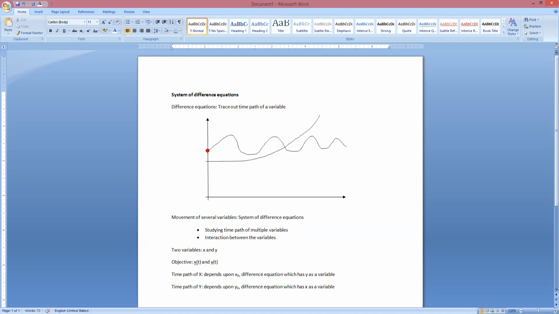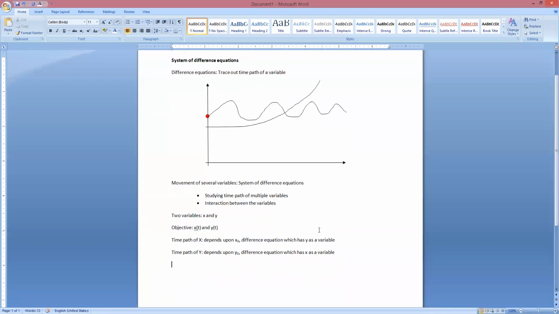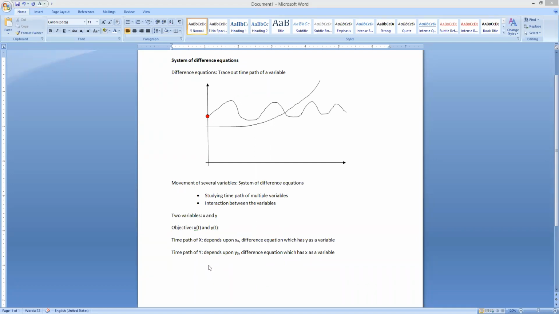Instead of two variables, we can bring in more than two variables, 3, 4, 5, as much as we want. And we can think of different types of interaction. So maybe x1 and x2 depend upon each other. x3 doesn't influence any other variable. x4 is affected by all the variables, and so on.